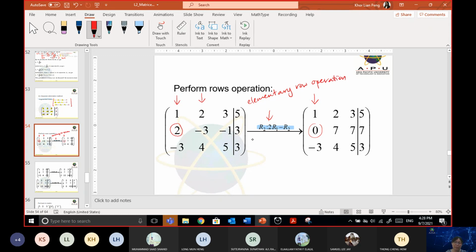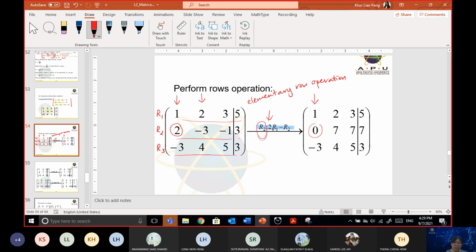Now, for R2, what does R2 mean here? R2 means we are conducting the operation on the second row. You have 3 rows: first row, second row, and third row. So these are R1, R2, and R3. When we put R2, we are conducting the operation on the second row.